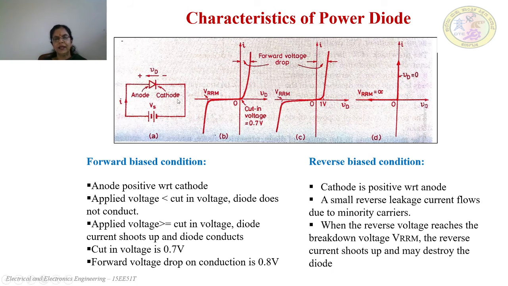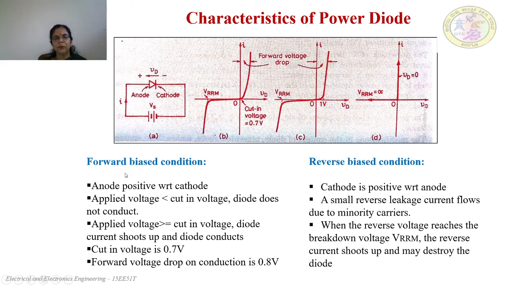Figure A is the circuit, B is for signal diode, C is for power diode, and D is for ideal diode. As we discussed in the characteristics of an ideal switch, you can see here that during the on state voltage is 0, and during the off state current is 0.